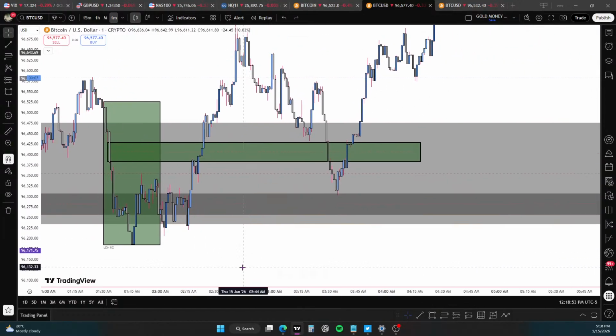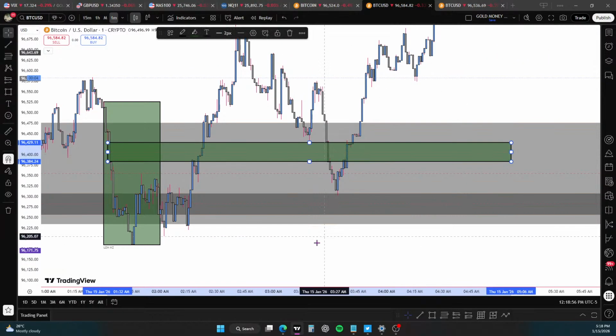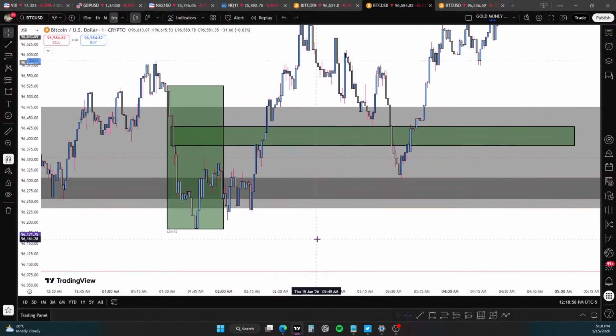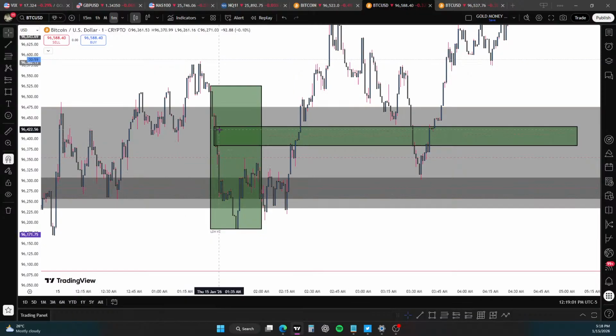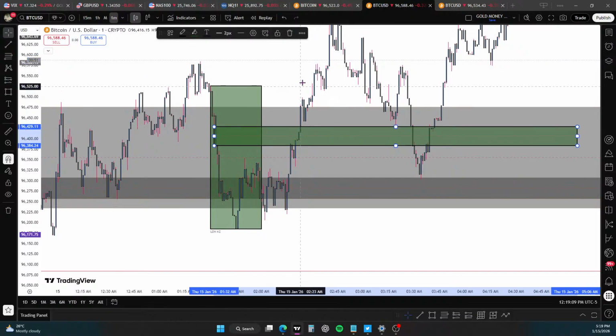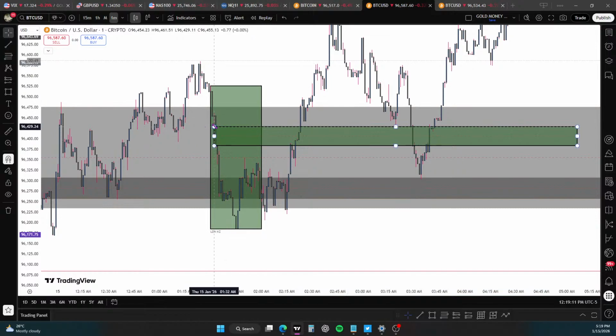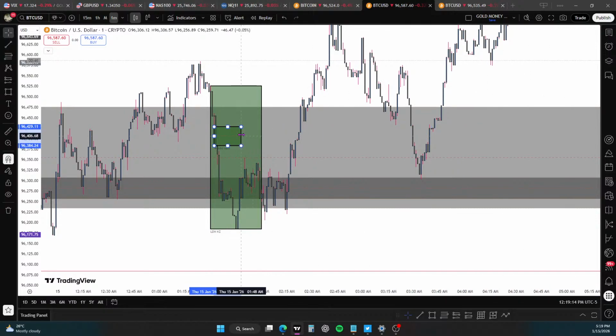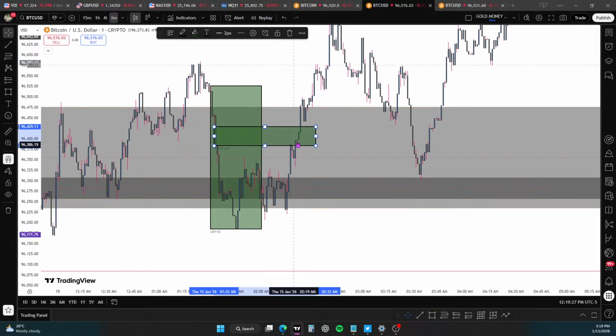Not the first one that I outlined, this one. What's mad about this, straight away, you can see we have this acting as an inversion fair value gap later on in time. So it opens and the fair value gap forms, and we trade lower, so it's a bearish fair value gap for now. But then when we trade higher than it, it becomes an inversion fair value gap.